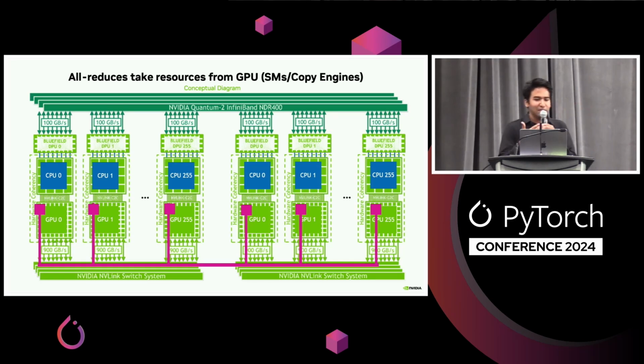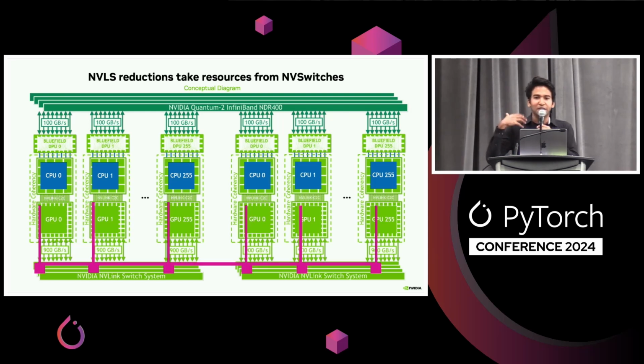What happens with this code here is, without the changes in the MemPool API, versus with the MemPool API, when you overlap tensor parallel, when you overlap communication and compute, you actually sometimes steal resources from the GPU. By offloading these compute operations to the NVSwitch, you're able to give some of those resources back to other computations like GEMMs. Also, you save on the copy because you're using zero copy buffers.